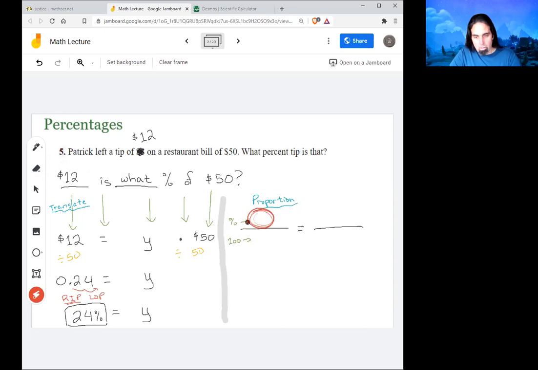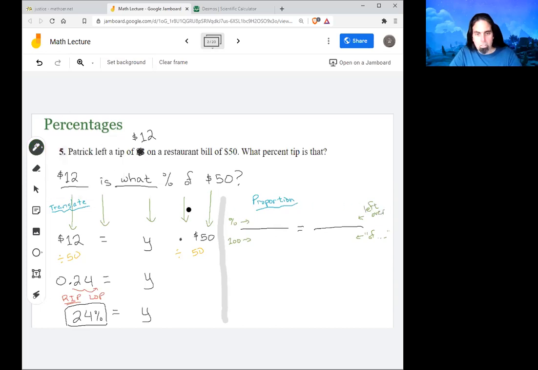The part out of 100, that's the percent, and just the number 100 is going to go there. On the other side, we also have part over whole. And the secret to knowing which is which is that the whole always comes after the word of. And the part is the thing that's left over after everything else is filled in.